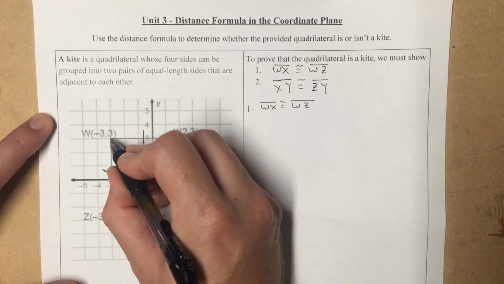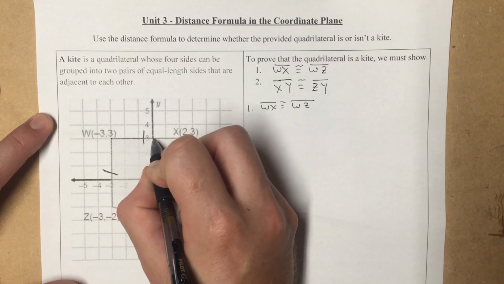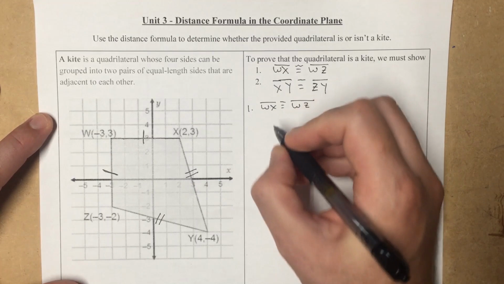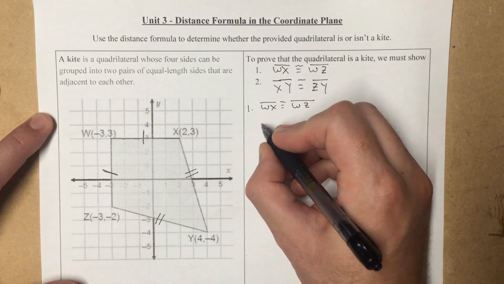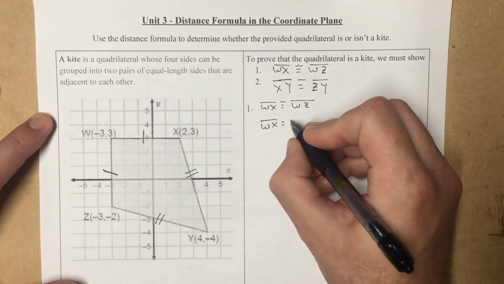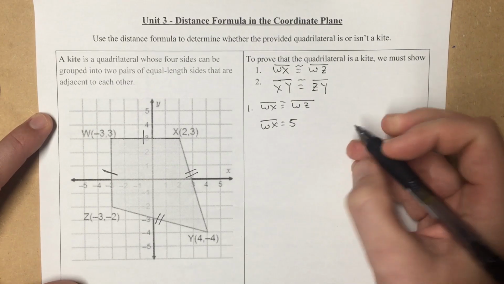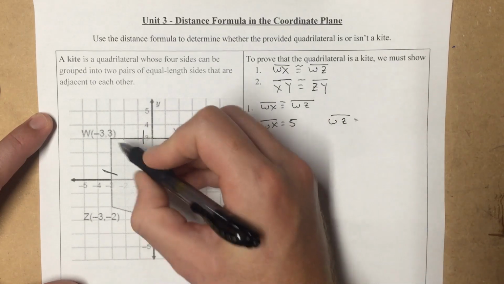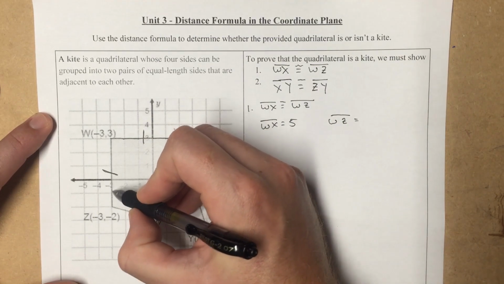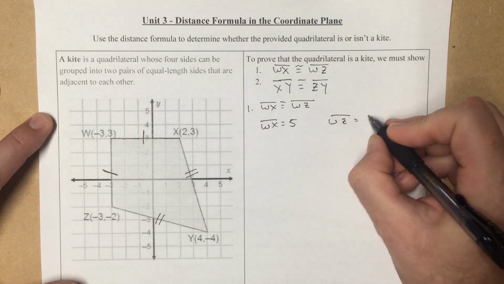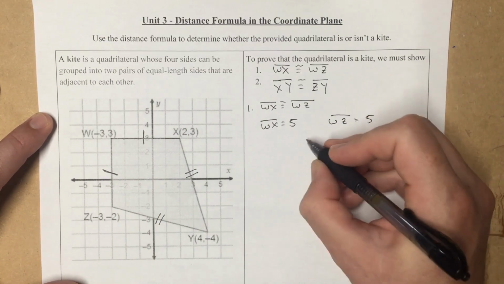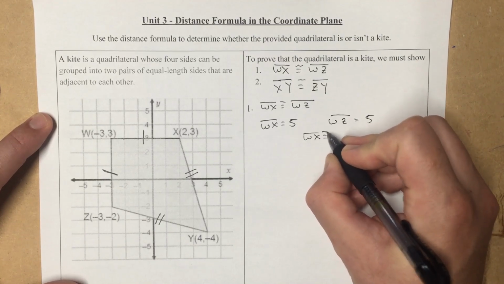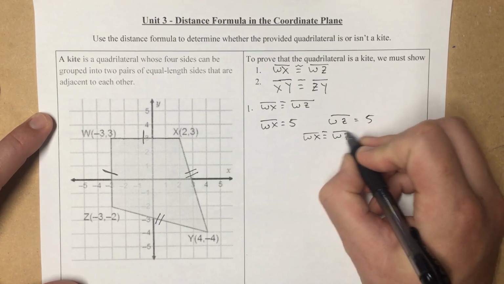So this is just 1, 2, 3, 4, 5 units long. So WX is equal to 5. And WZ is 1, 2, 3, 4, 5 units as well. So I have shown that WX is congruent to WZ.